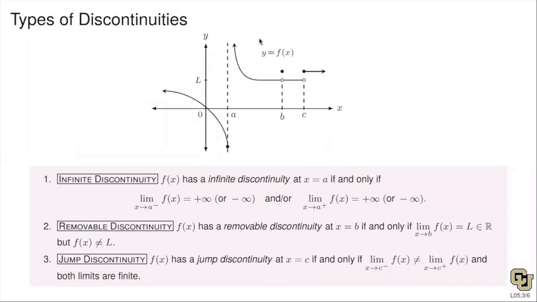Okay, so here are the three types of discontinuities we could have. One, if the limit somehow doesn't exist. So here you could have the limit go to infinity or negative infinity. So that's the first case here. Or in the third case, where the limit from the left and the right exist, but aren't equal.